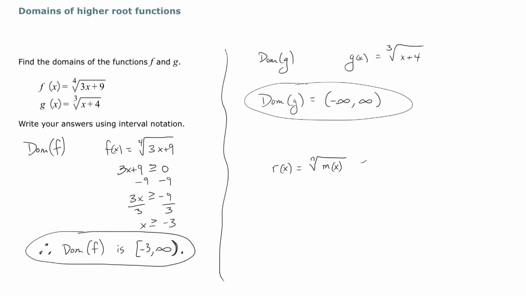There are two things that can happen. You either write m of x is greater than or equal to 0 if n is even, or you write the interval negative infinity to infinity for the domain if n is odd.